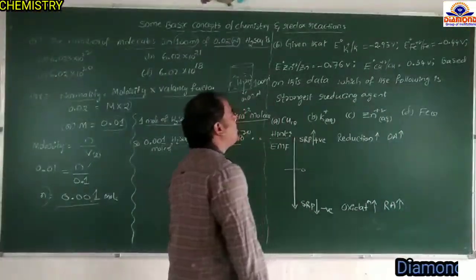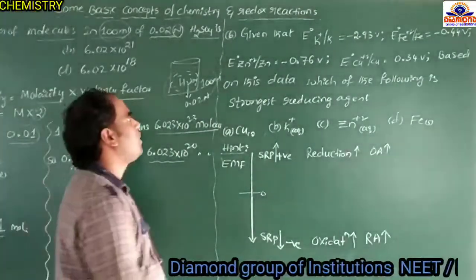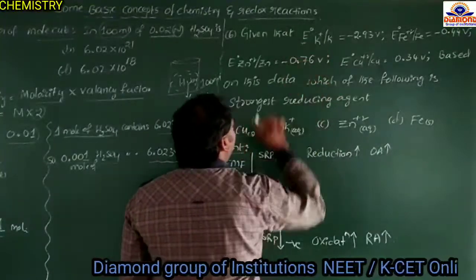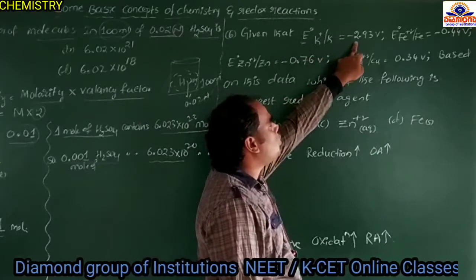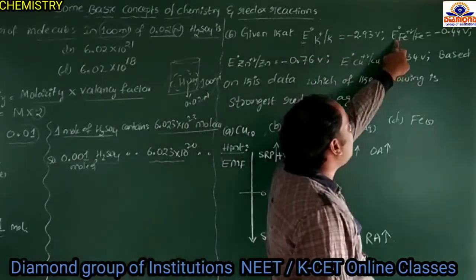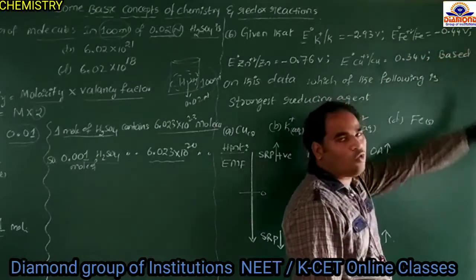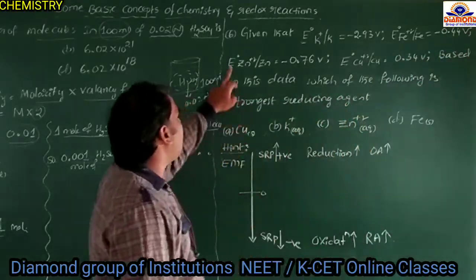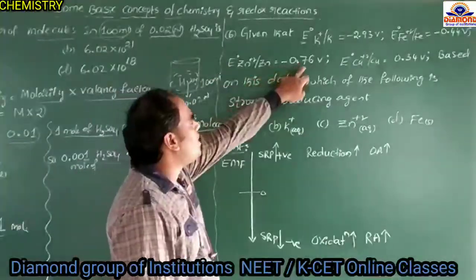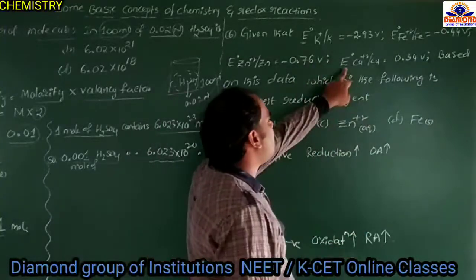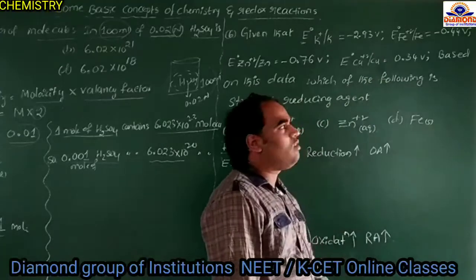Question number 6. Here the standard reduction potential values are given. E0 for K plus by K is minus 2.93 volts, for Fe plus 2 by Fe is minus 0.44 volts, for Zn plus 2 by Zn is minus 0.76 volts, and for copper plus 2 by copper is 0.34 volts.